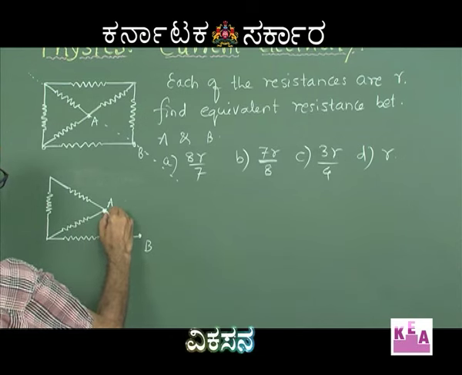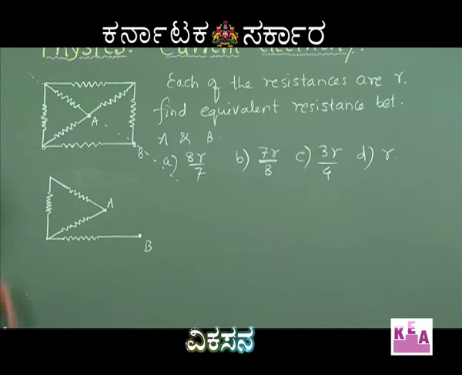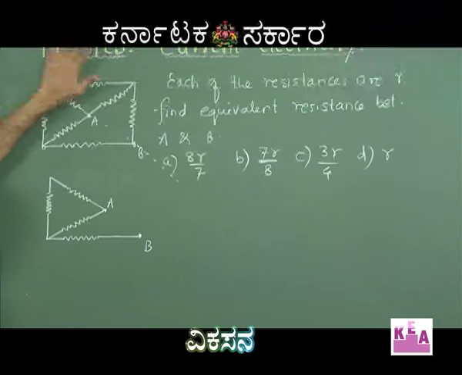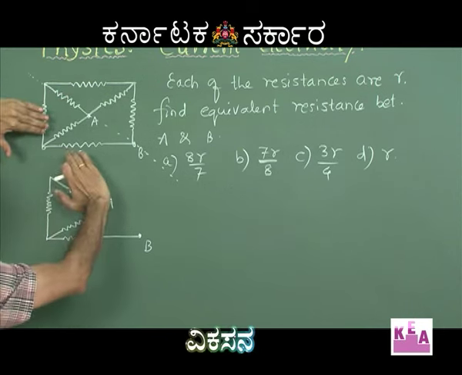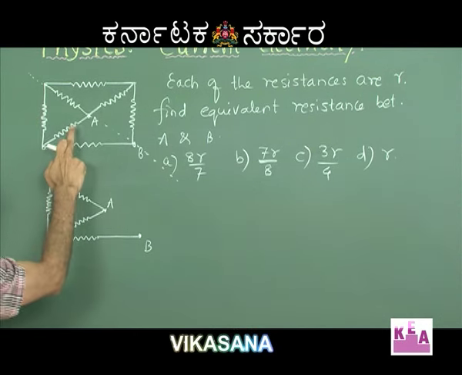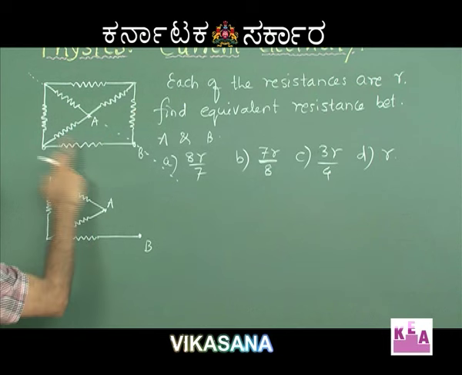Fine. So, this is how I have drawn. I have simply wiped out this part of the circuit, and I have drawn only this part, this part, this part and this part. All the circuit which was on one side of the line AB has been removed because that has been folded, and this resistance has overlapped with this, has overlapped with this, has overlapped with this.